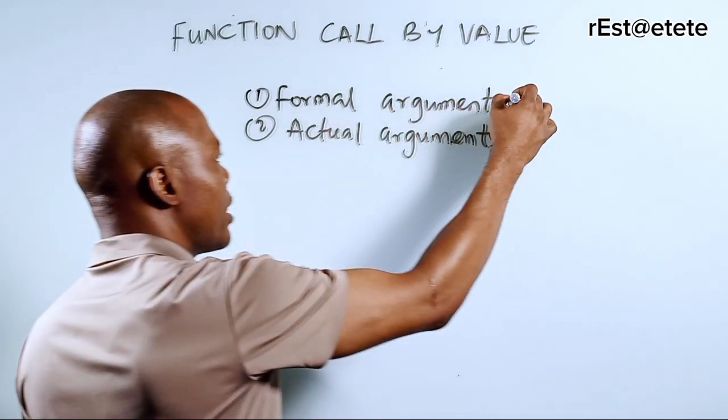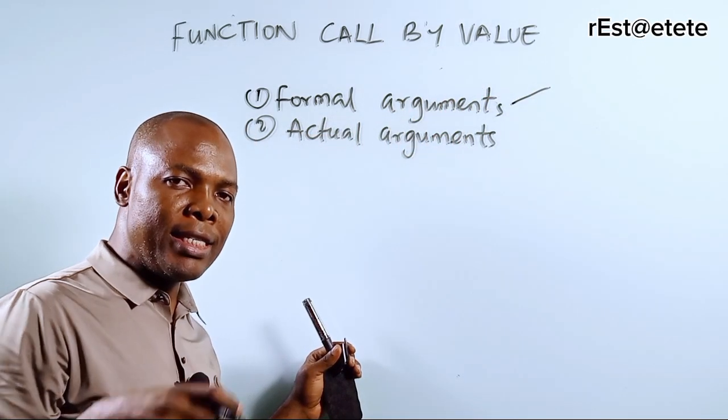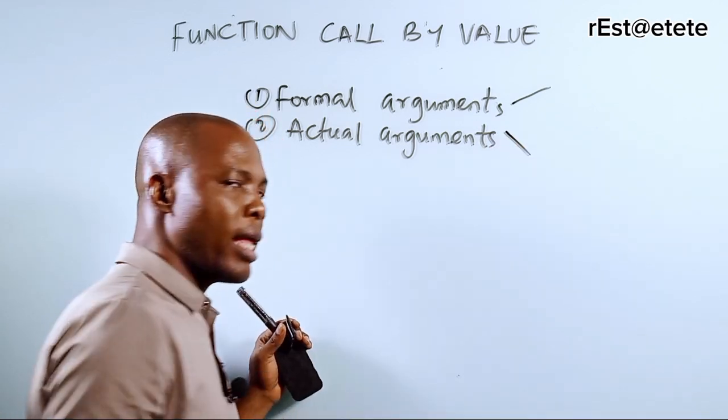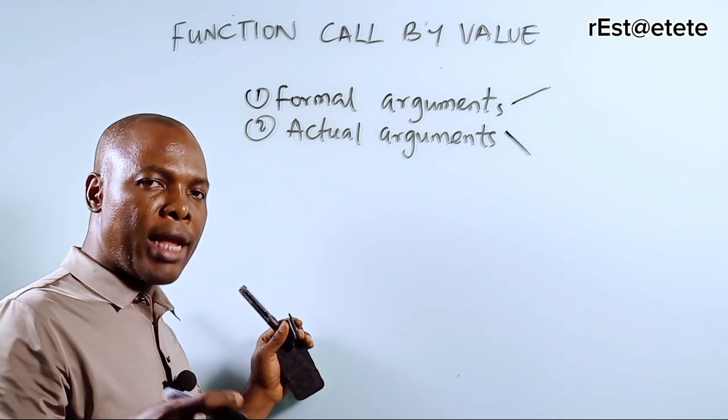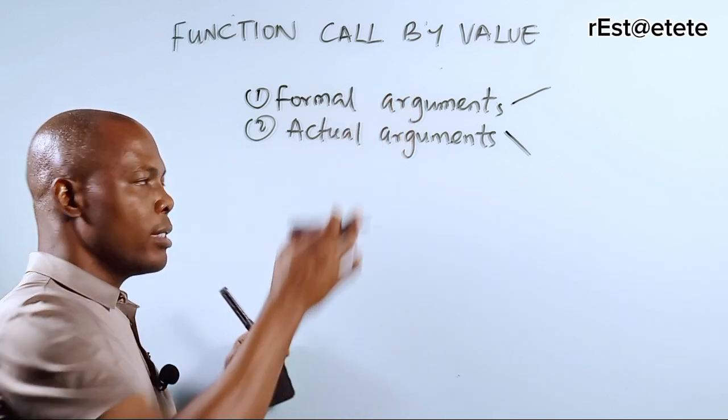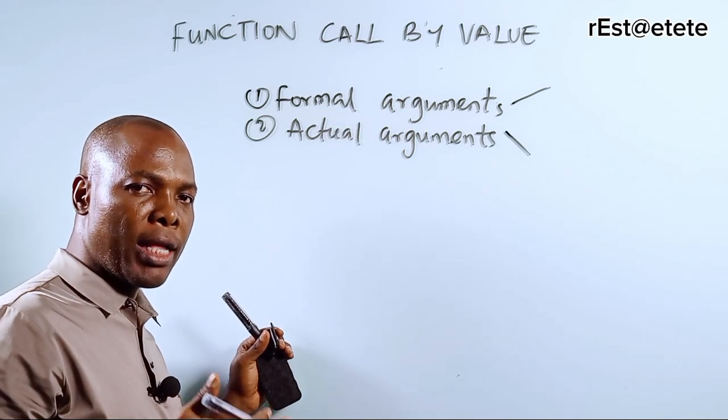Think of this one as the seat in the mind, and then think of this one as the people that are going to sit on that seat. That is what formal argument and actual argument actually mean.